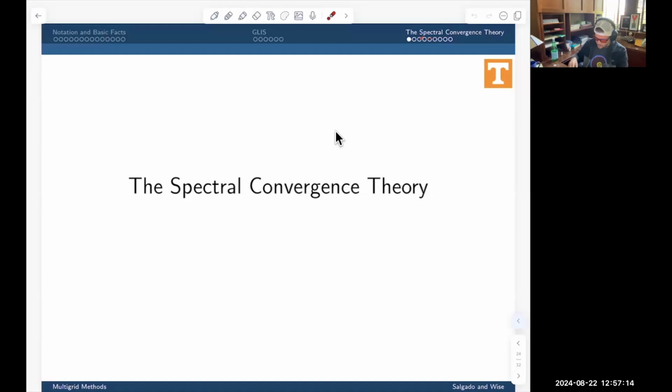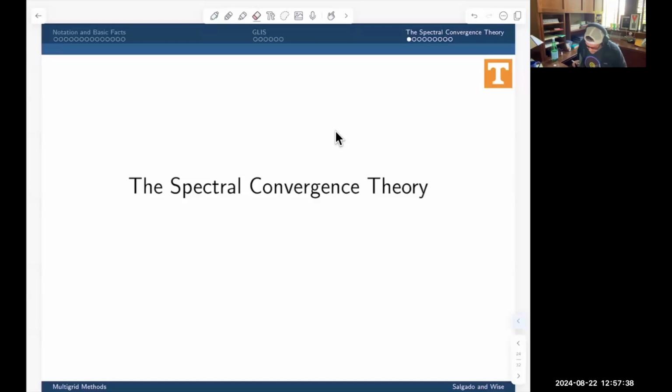Last time we were talking about general linear iterative schemes, and today we want to go into one of the basic ways that we can analyze these methods. This isn't the only method that we're going to be using in this course. In fact, it's not even the preferred method.